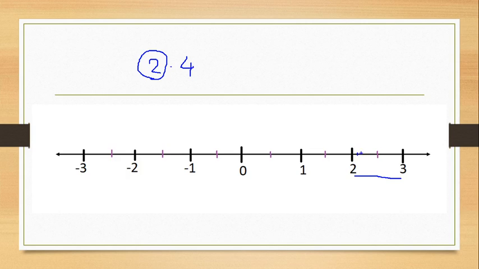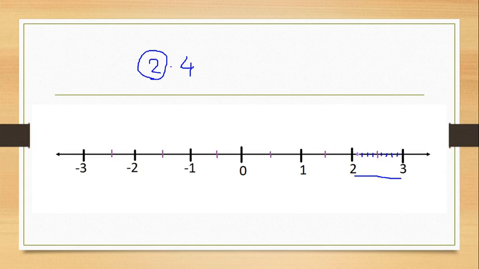1, 2, 3, 4, and this purple line is the fifth one. Then 6, 7, 8, 9 and this black line is the 10th one. 2.4. First of all, this is 2.